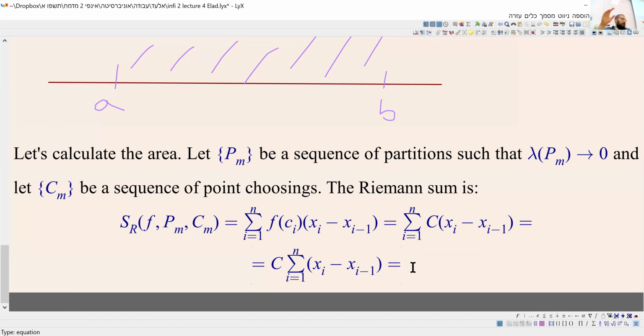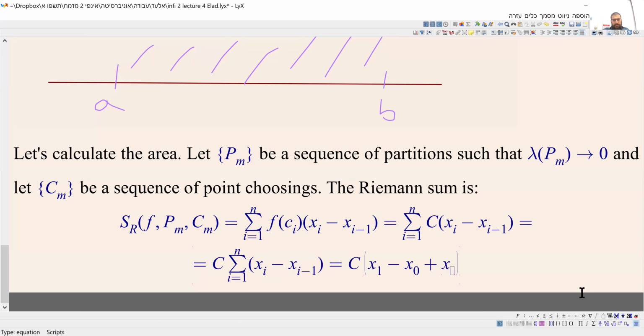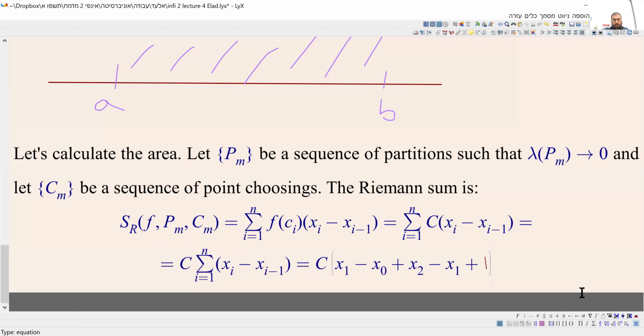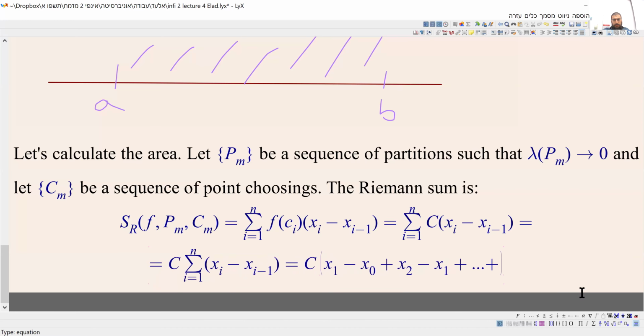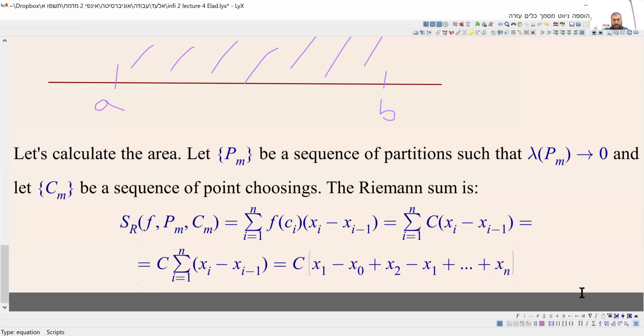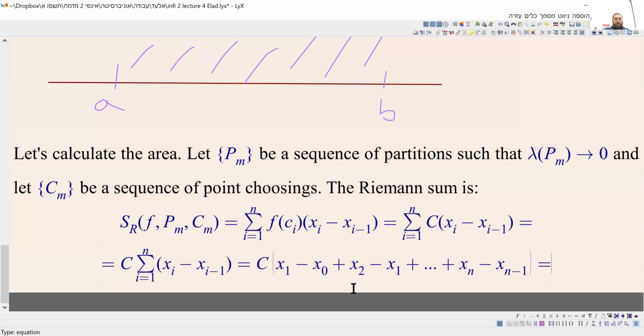Very good. Another way of thinking about it is writing it down explicitly, and it becomes what we used to call a telescopic sum. That's what we call it in Calculus 1. Telescope, when most of the elements cancel each other. You have x1 minus x0 plus x2 minus x1, and so on, up to xn minus x_{n-1}.